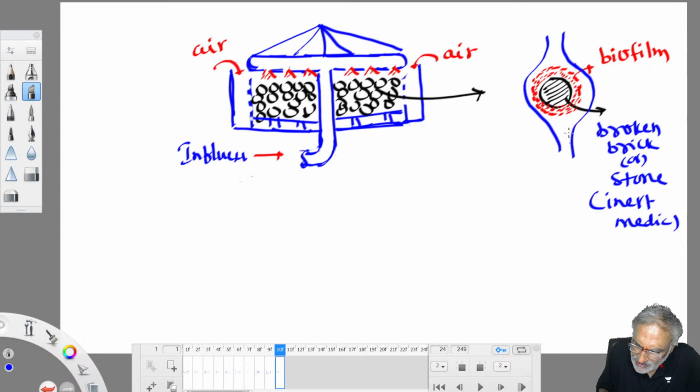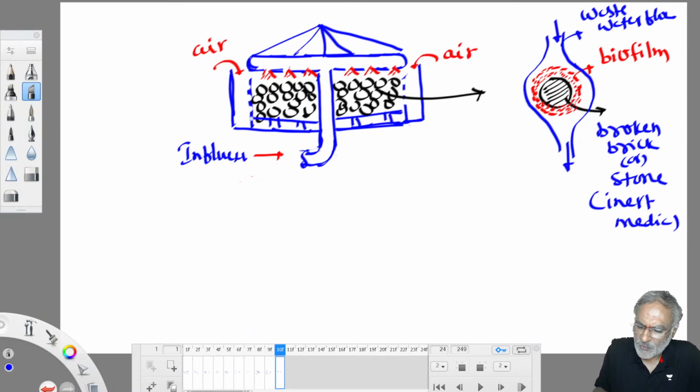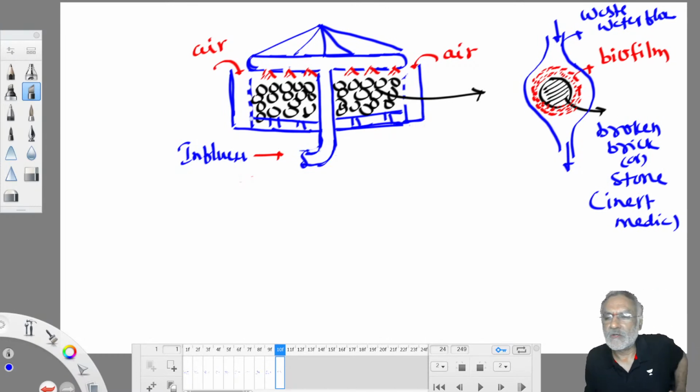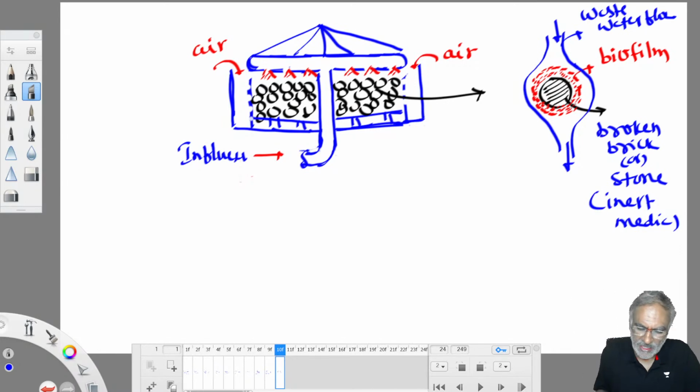The organisms are exposed to food and oxygen. That is how it happens. Understood now? What you need to know is how to design this trickling filter. This is the cross section of the trickling filter.